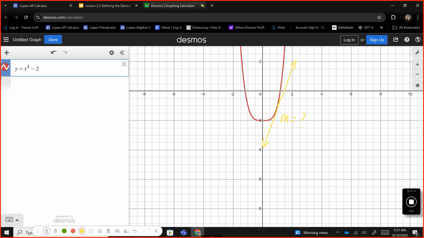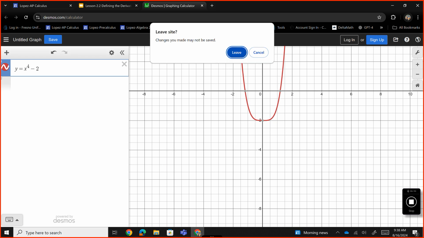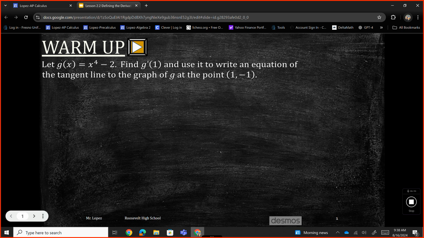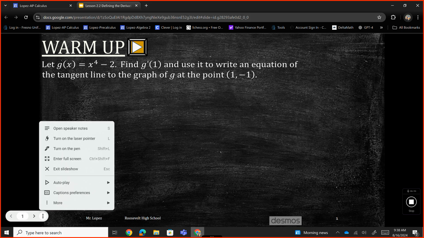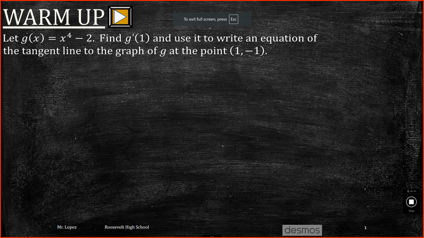Let's go back to working it out. Let's go back to the whole slideshow. Okay, so we got this equation. We want to know what is the slope there. It is 1, negative 1, so we got the equation of the tangent line.